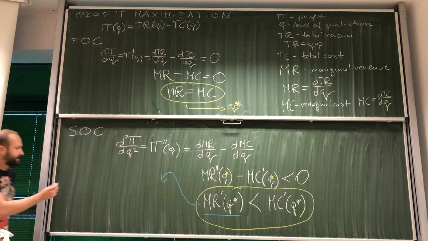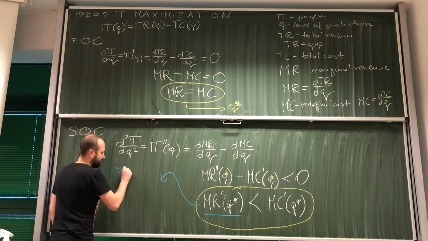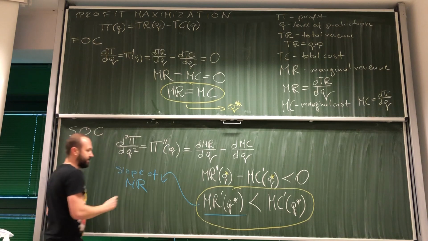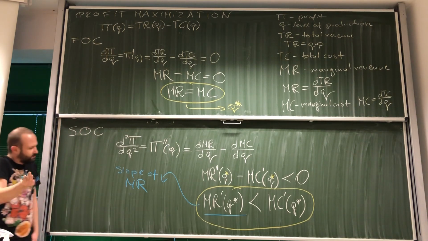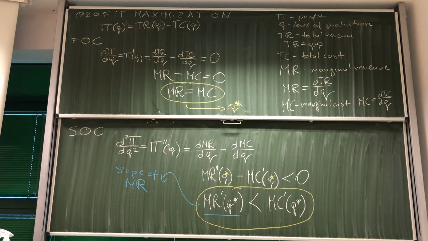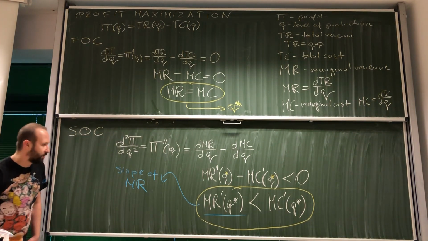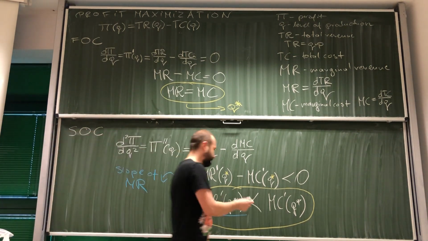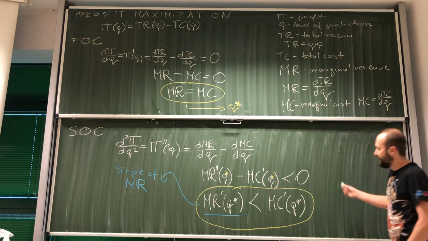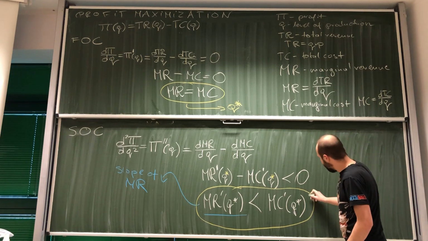This is the slope of marginal revenue. How do we know this? Good. This is simply the derivative of marginal revenue, so it must represent the slope of marginal revenue. Now, what do we have over here? Over here, we've got the slope of marginal cost.